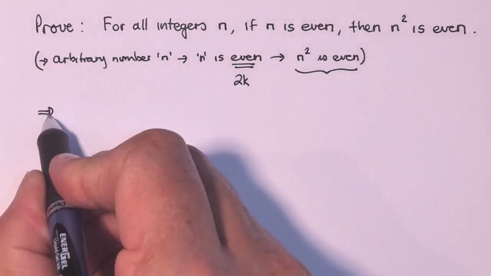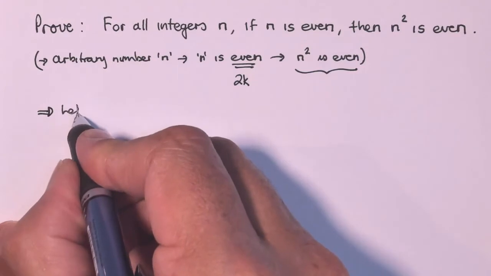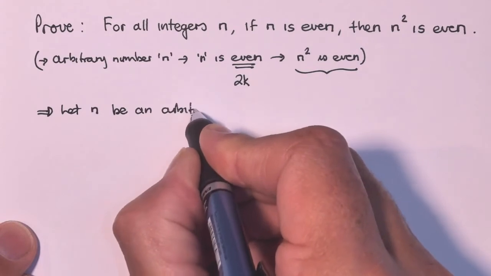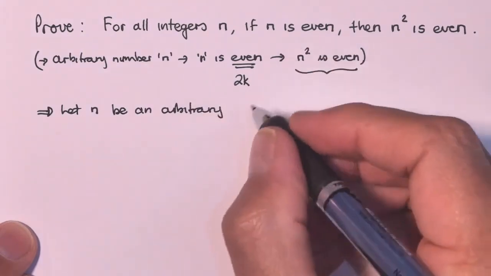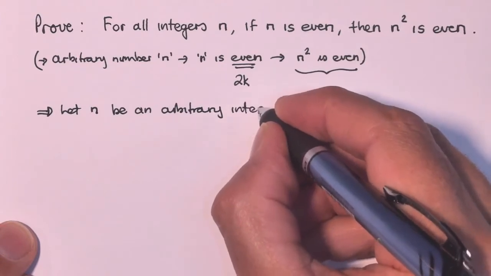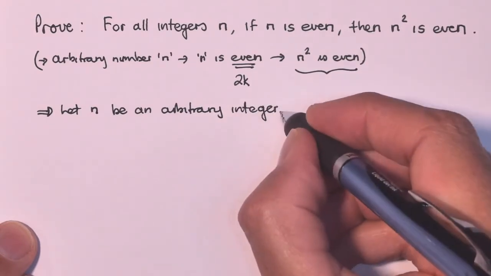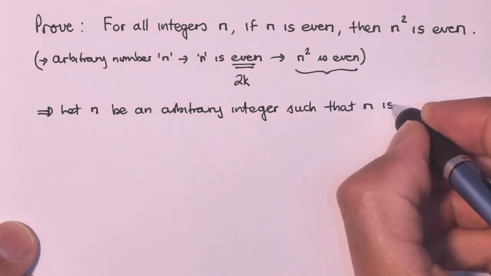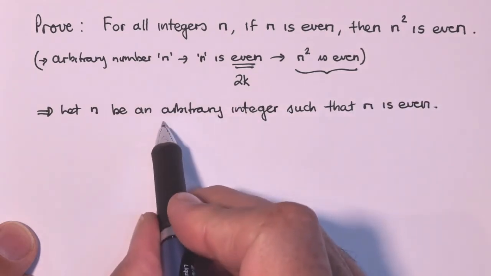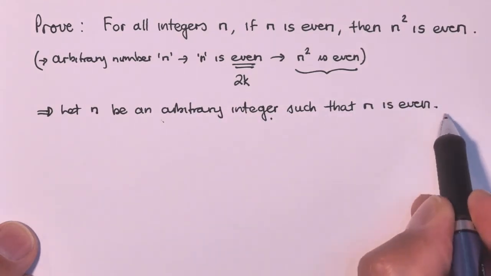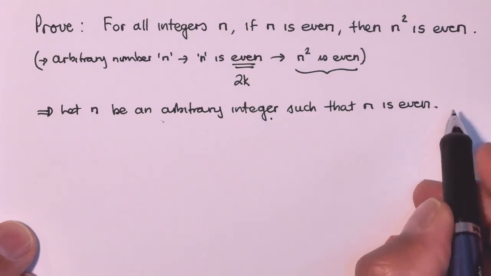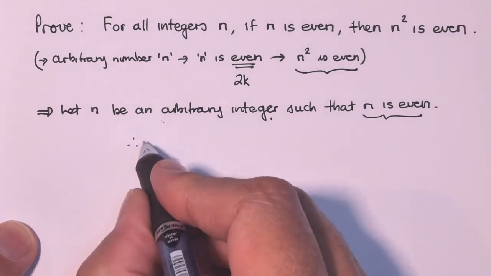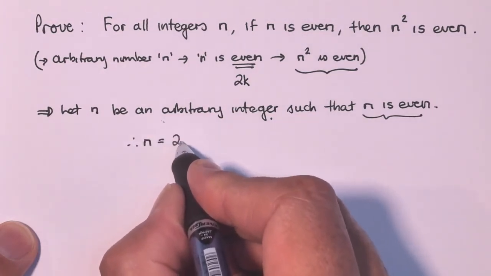So here's our proof. We're going to introduce, let n be an arbitrary number or integer such that n is even. So it's an arbitrary integer such that it is an even number. Okay. Based on this, we can now say, therefore, n takes on the form 2k.